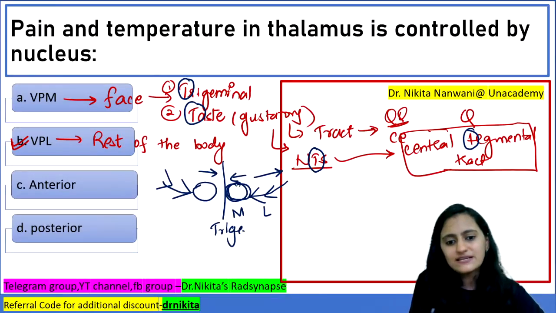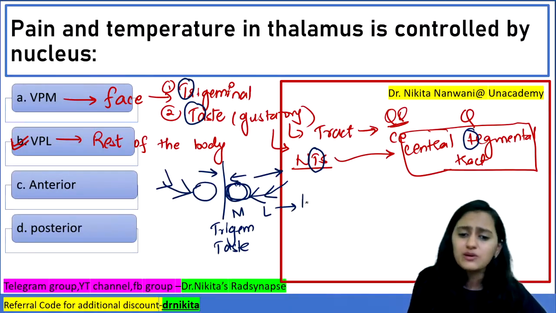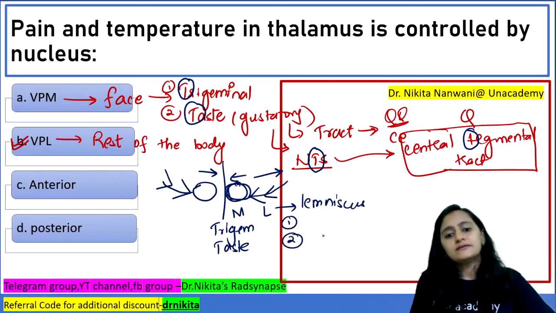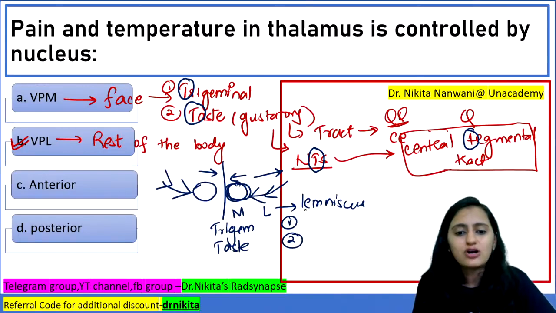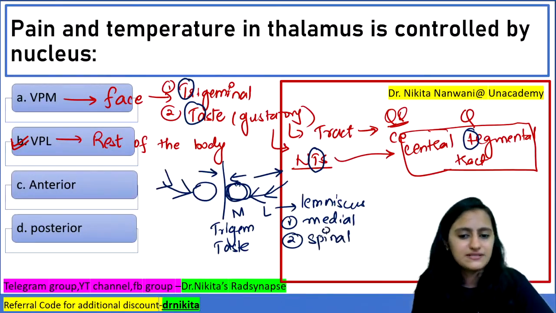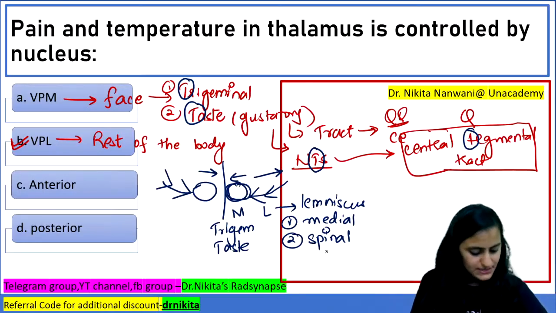The medial one is for trigeminal and taste, and in the lateral one, which lemnisci will come? From your dorsal columns, the medial lemniscus, and the spinothalamic tract, the spinal lemniscus. So you will have the medial lemniscus and the spinal lemniscus.